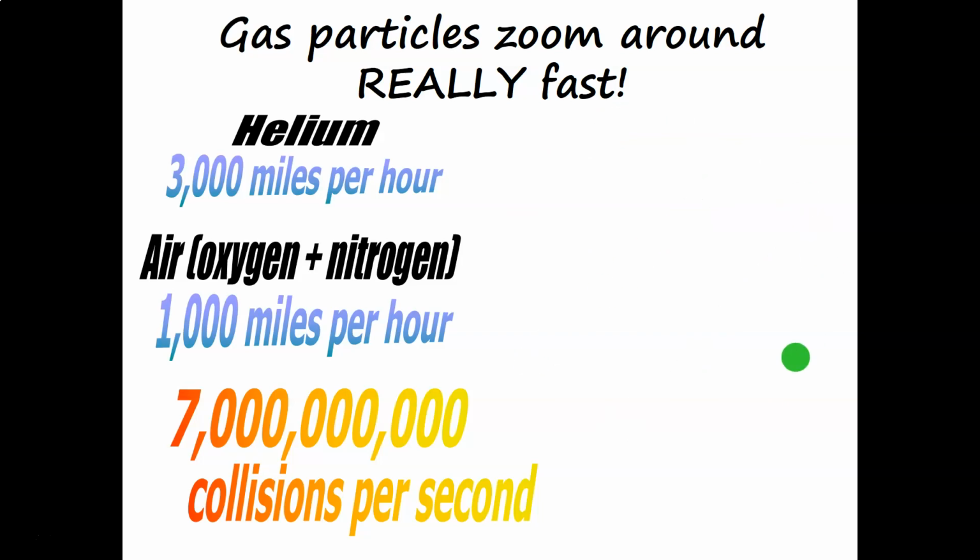But if you start getting more and more collisions, you can start getting more and more pressure. And so there can be a large cumulative effect. It may not feel like we're being pushed and hit by these particles because we're so used to it, right? We've adapted to that. But we are actually being hit by them quite often.